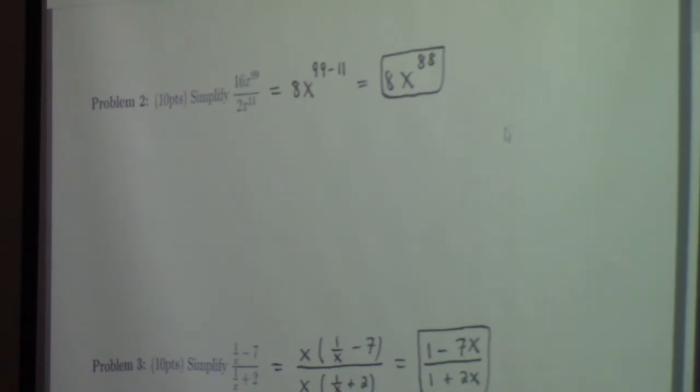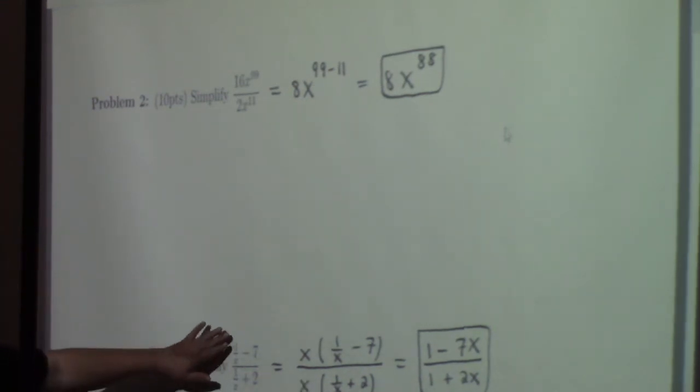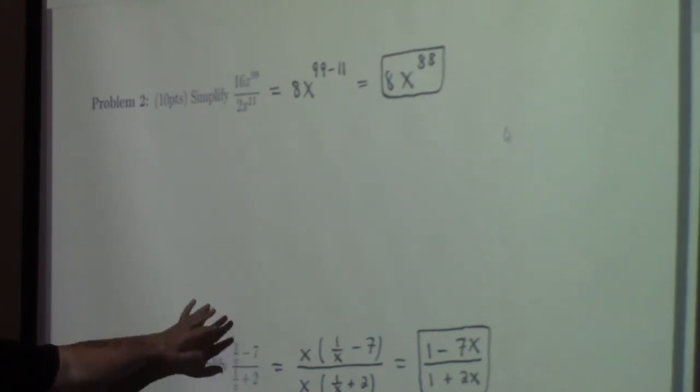This one down here, I think a lot of people got. We have to think through it. When you multiply x over x, we get 1 from this and a 1 from that, but we get minus 7x and 2x like that. I saw some people cancel 1 over x and 1 over x and leave me with minus 7/2.